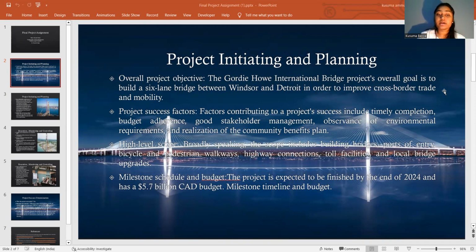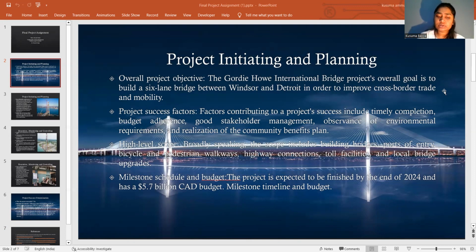And then it comes to the project success factors. The factors contributing to a project's success include a number of variables.